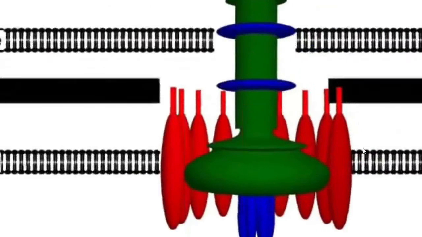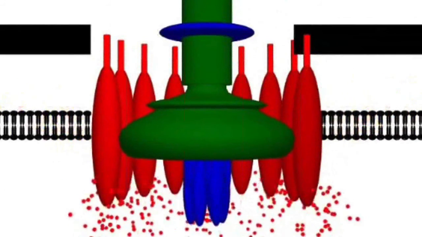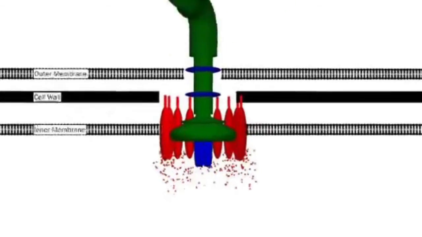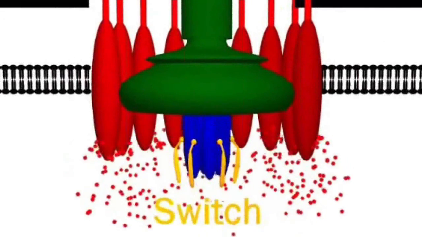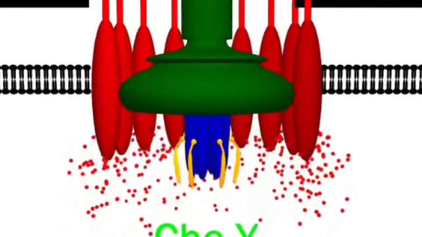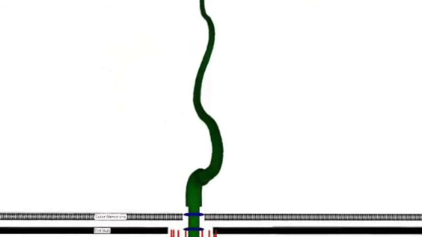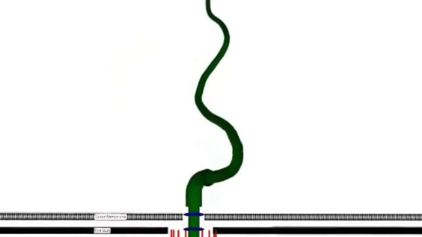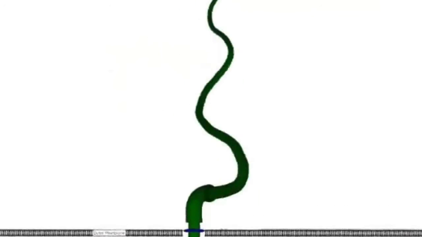And here we go. Here's the action. Hydrogen ions flowing through the motor protein channels. And look at it spin. Filament spinning, hook causing the spin. Very neat.